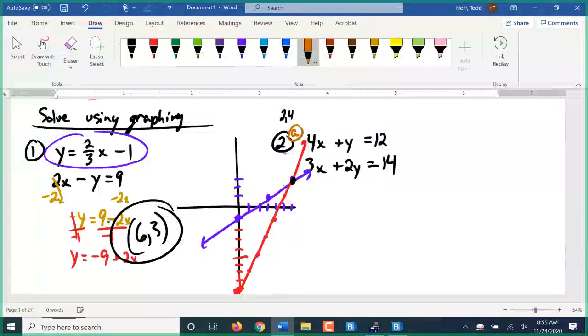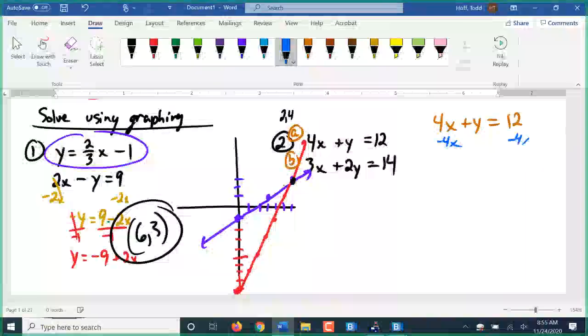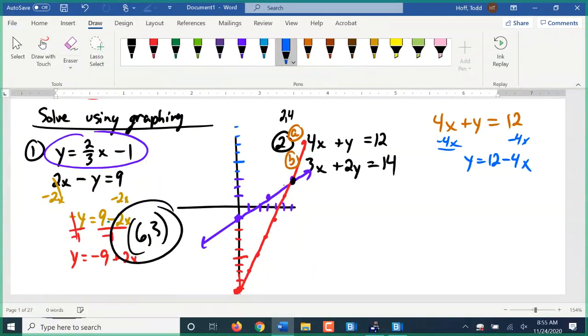So for the second system here, equation A has to be solved. 4x plus y equals 12. I'm going to subtract 4x from both sides. So y equals 12 minus 4x. So I have to get up to 12 here. Extend that axis up. So 12, there's my first point.